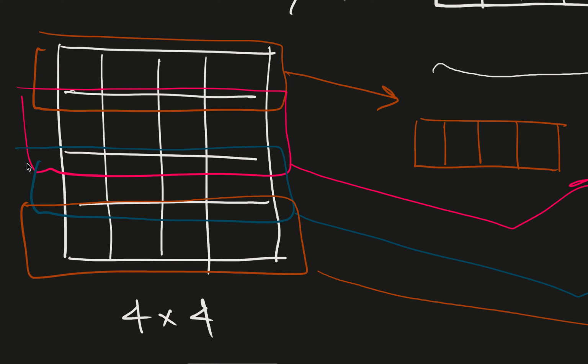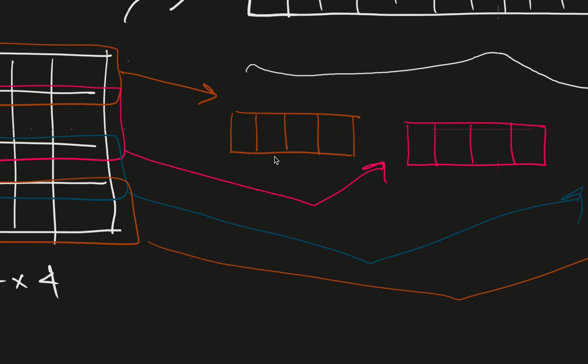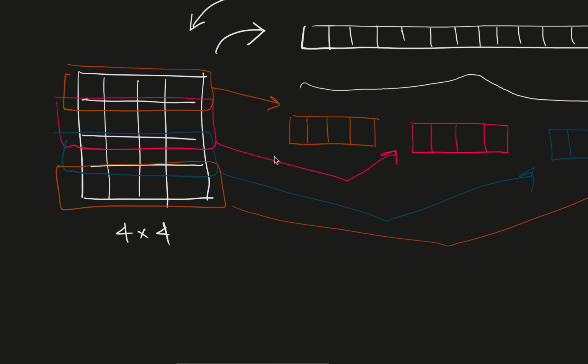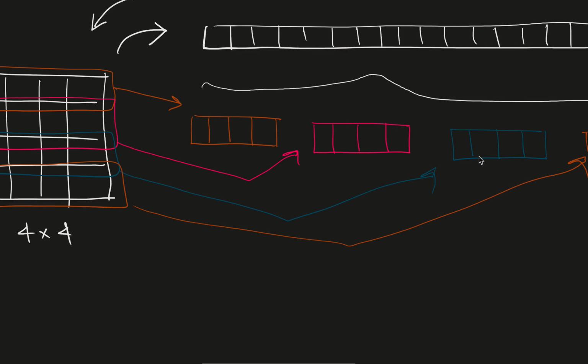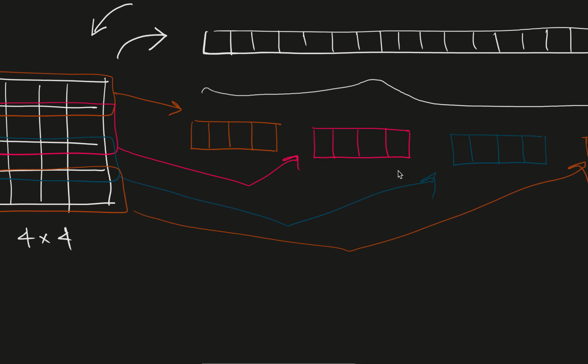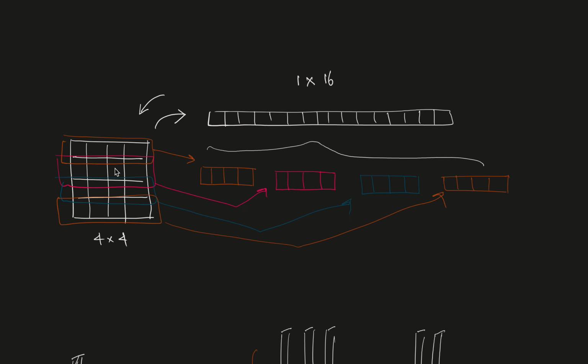The next 4 pixels in pink are then set up in another array in front of that. Similarly, the next 4 pixels in blue are stacked next to it, and then the final 4 pixels as well. So we end up converting our 2D image into a vector.